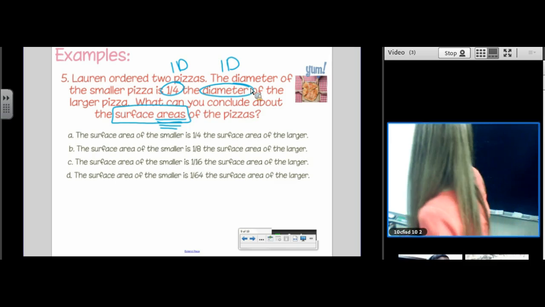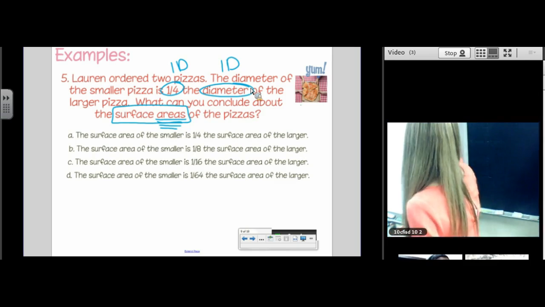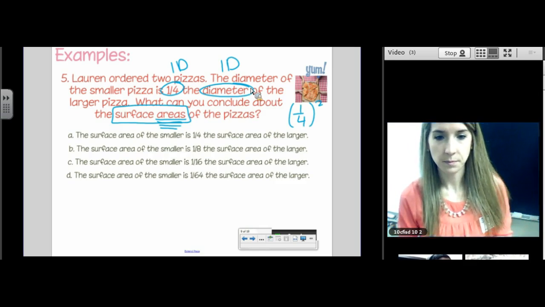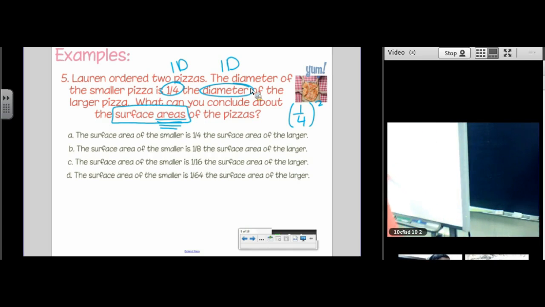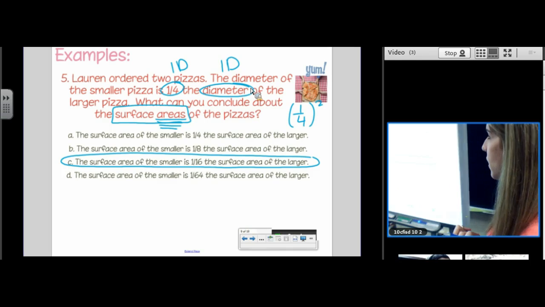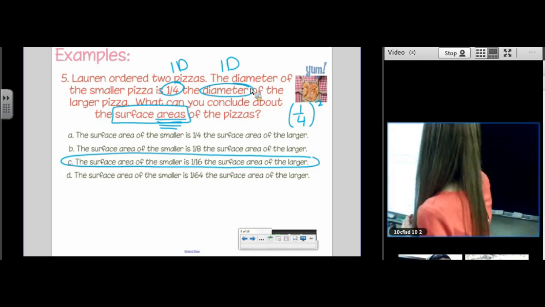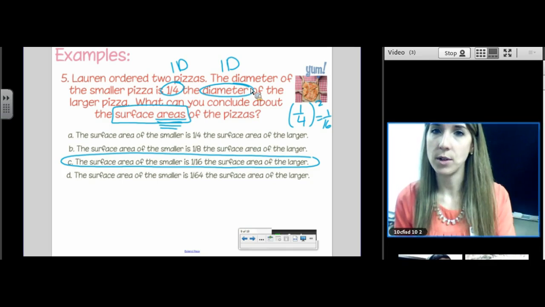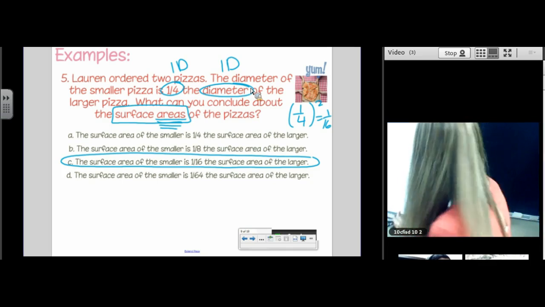You have to square it to make it 2D. So what's true about the areas? The surface area is 1/16 the surface area of the larger. You have to square it. So just be careful. You can't compare diameter, which is 1D, to area, which is 2D.